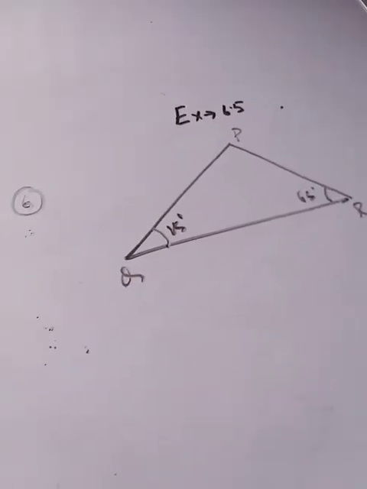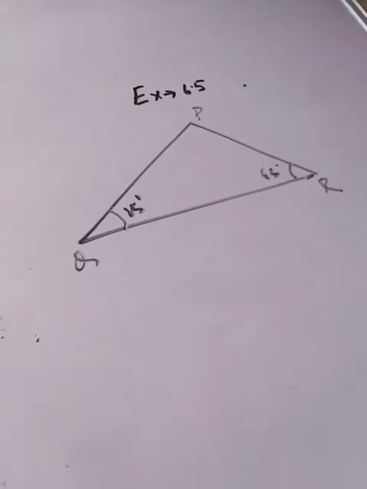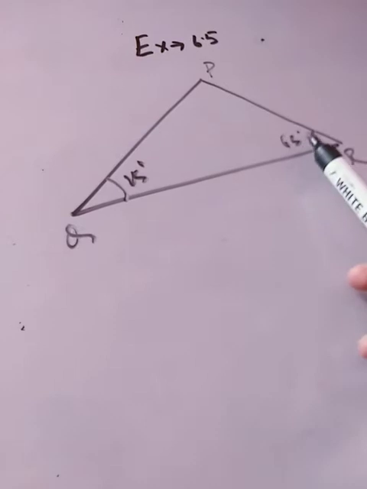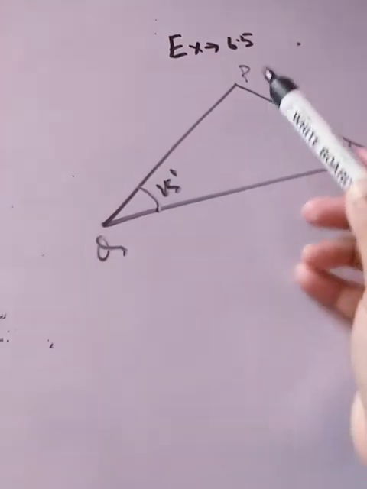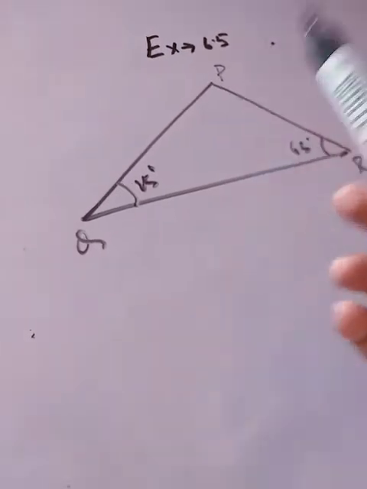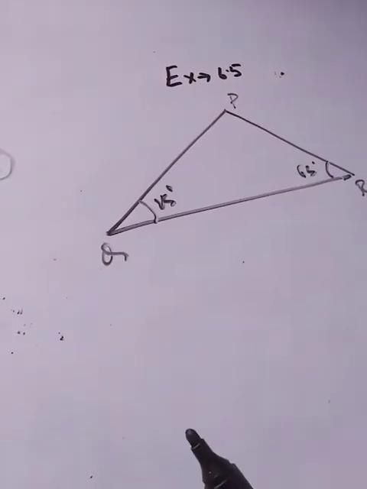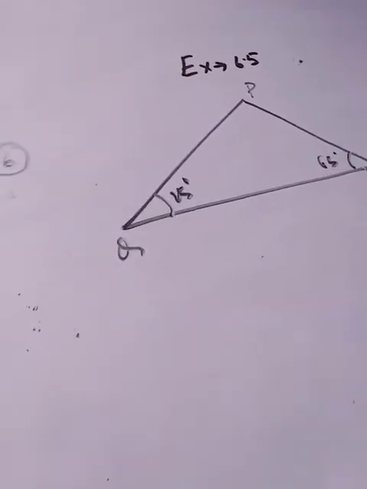Now question number 6 is a sort of multiple choice question. They have given one particular triangle where two angle measurements are given. This angle measurement is not given. The first thing we'll do is get the value of this angle, and then we'll see the three options which are given, and decide which option is correct.